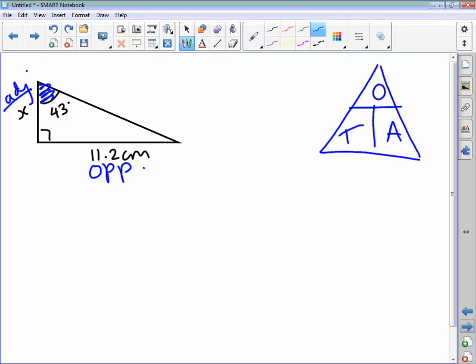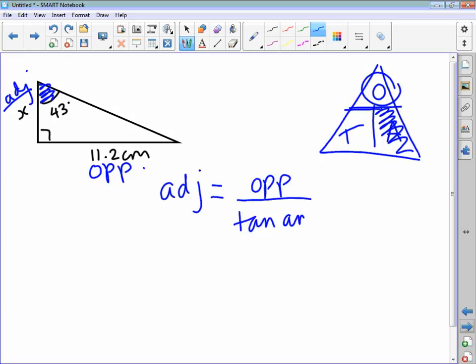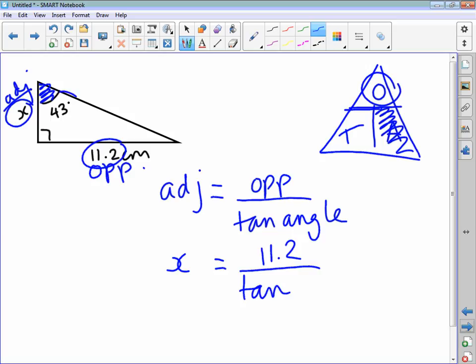Adjacent's the one that we don't know, so we cover that up within the formula triangle, and therefore write down that the adjacent is equal to the opposite side divided by tan of the angle. The adjacent side is x, so x is equal to the opposite side, which is 11.2, divided by tan of the angle, which is 43.